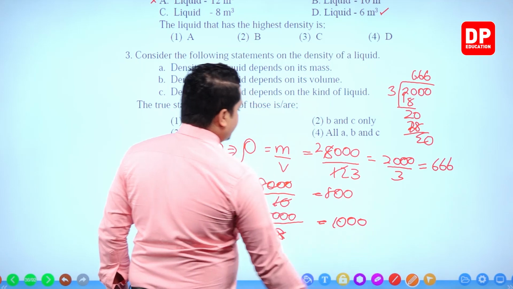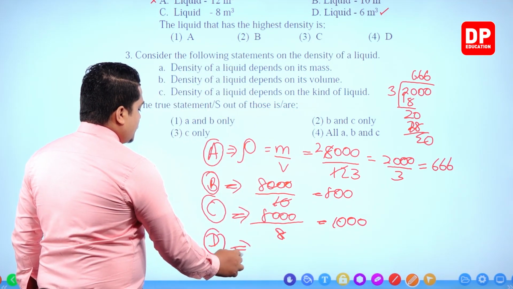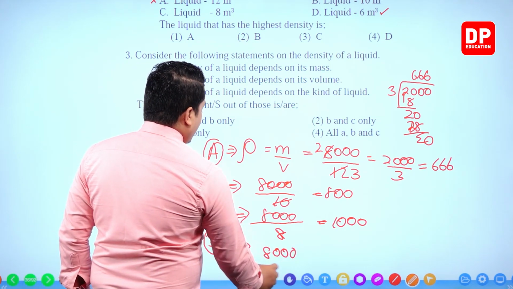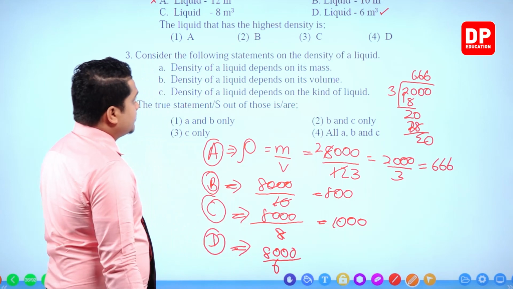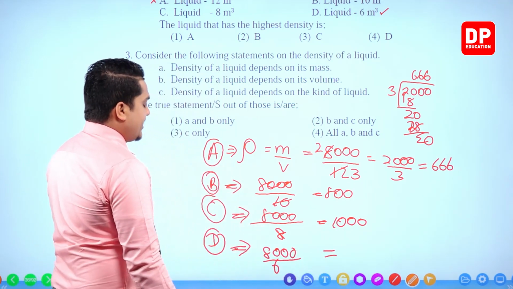Then the final one, D. Here you need to divide 8,000 by 6. We'll take a near value.